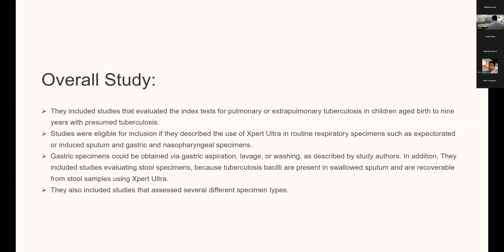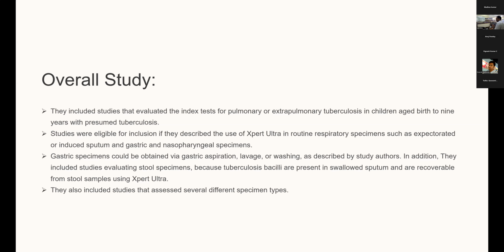The accepted standard they compared against was a microbiological reference standard, which was culture. They also compared it against a composite reference standard, used in some, such as a clinical diagnosis of TB even in the absence of proof of TB. So they had multiple things they were looking at: pulmonary and extrapulmonary TB, rifampicin-resistant and susceptible TB, and different types of specimens.